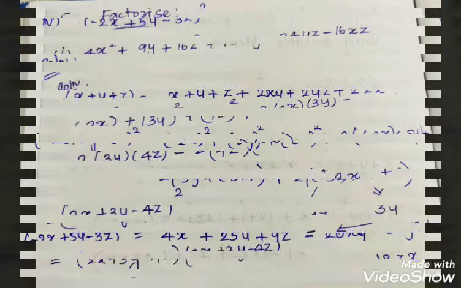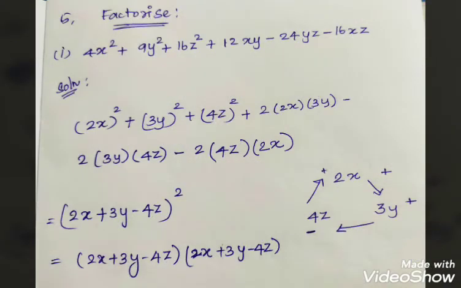And then your fifth problem, we have to factorize. They have given one expansion, we have to factorize. 4x square plus 9y square plus 16z square plus 12xy minus 24yz minus 16zx. We came to one conclusion, that this is the x plus y plus z the whole square formula. How do we have to write?